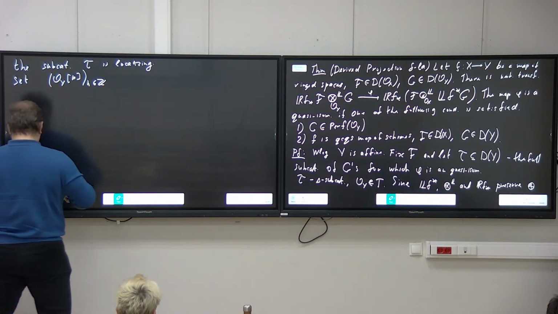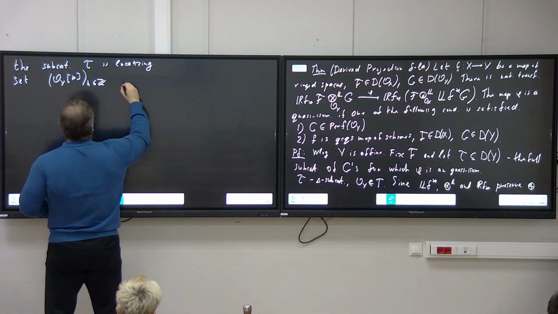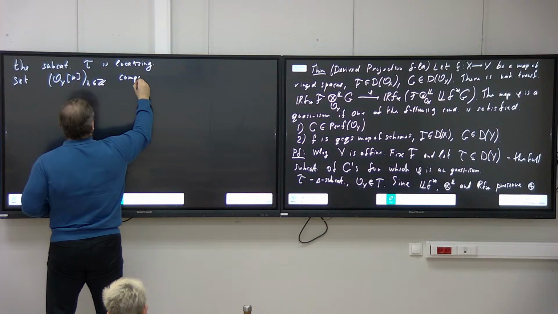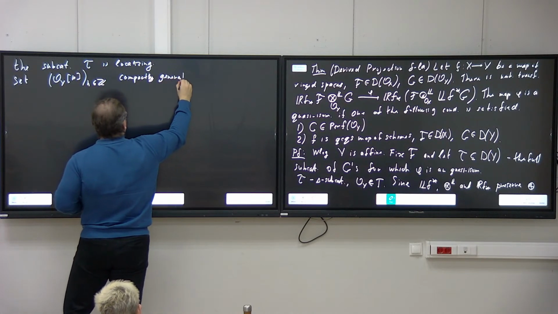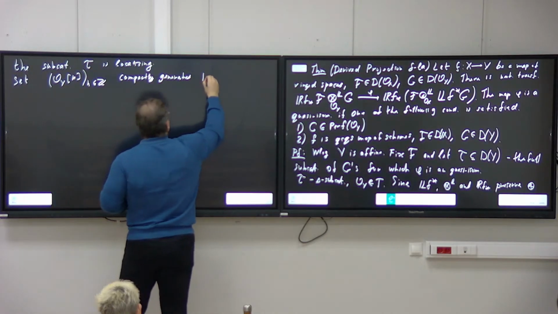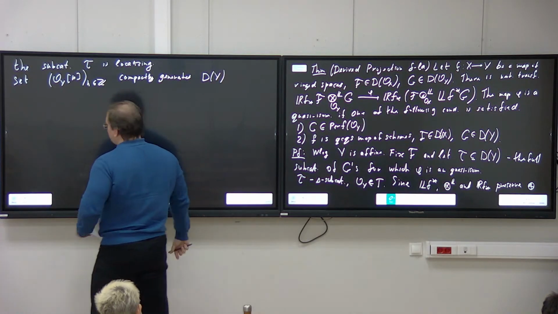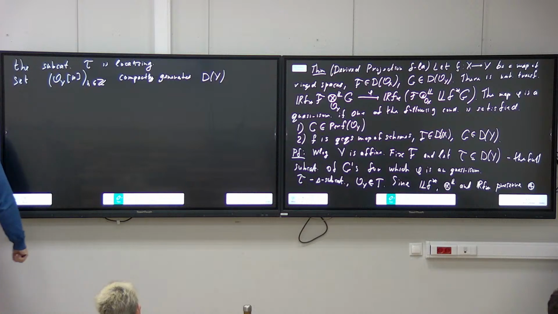This set compactly generates D of Y, which in this case is just the derived category of R-modules, where Spec R is equal to Y. Did they prove it? Yeah, it was an example when they introduced the notion of compactly generated. They proved it for a ring. Ah, it's a fact, yes, of course. Yeah, for a ring, yes.